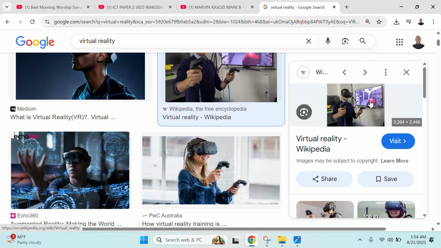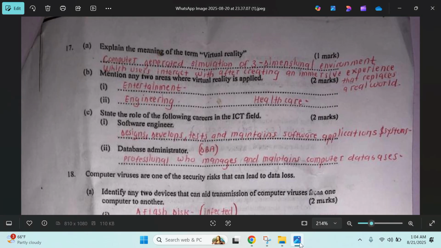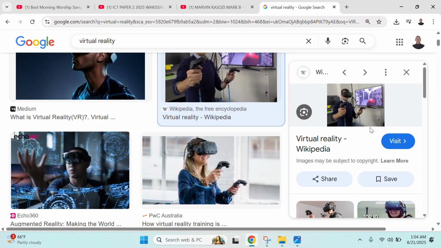They are playing a game, but an environment has been created and it's in 3D and it's enabling them interact with it because it's creating an immersive experience, as if in the real world. So that's the meaning of virtual reality.